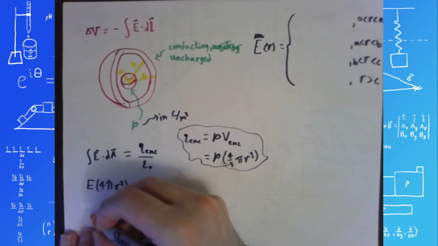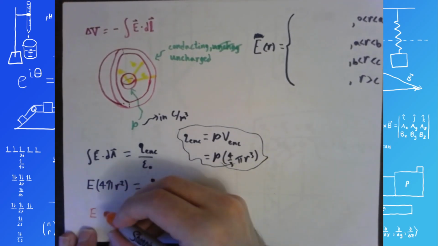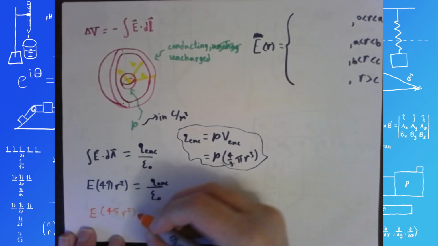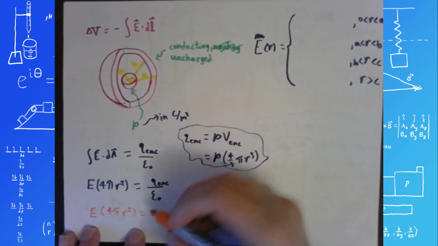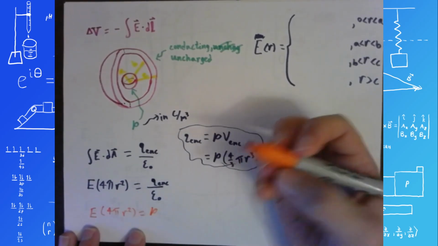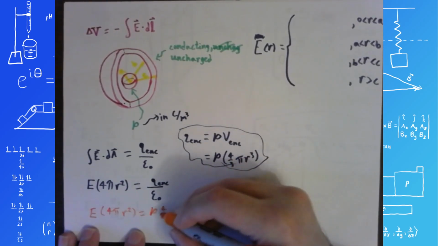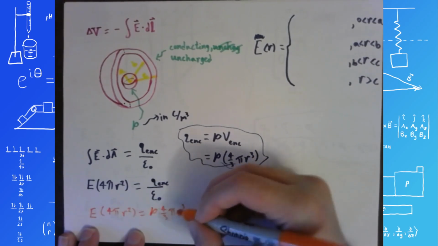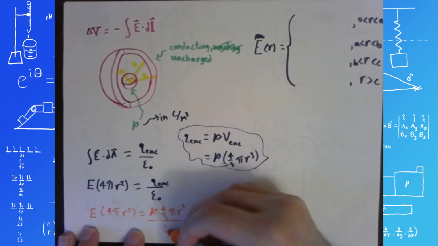We've got E times 4 pi r squared equals rho 4/3 pi r cubed over epsilon naught.